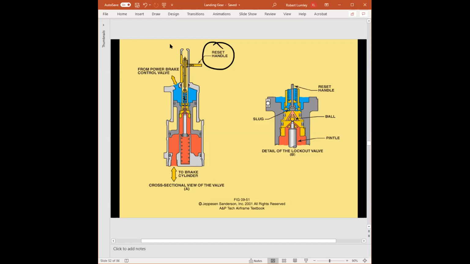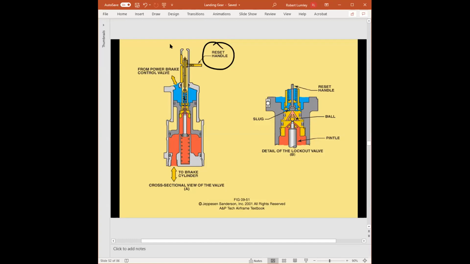Once we're done, we close the valve. The ball valve is seated, and then we close the reset handle, which blocks the inadvertent pumping of the fluid out of the system. And that's that.